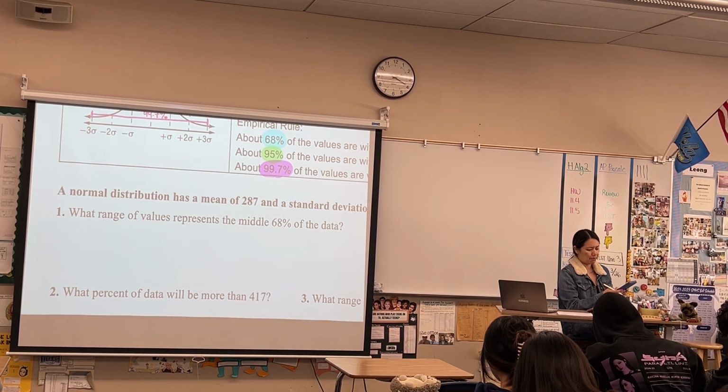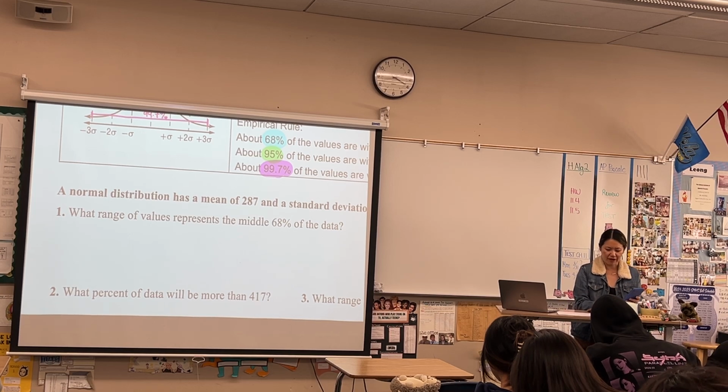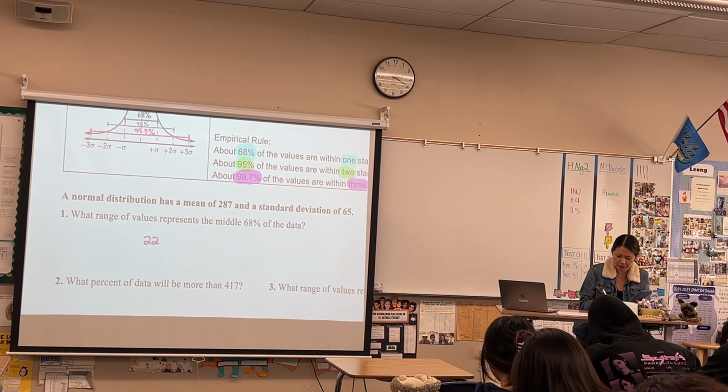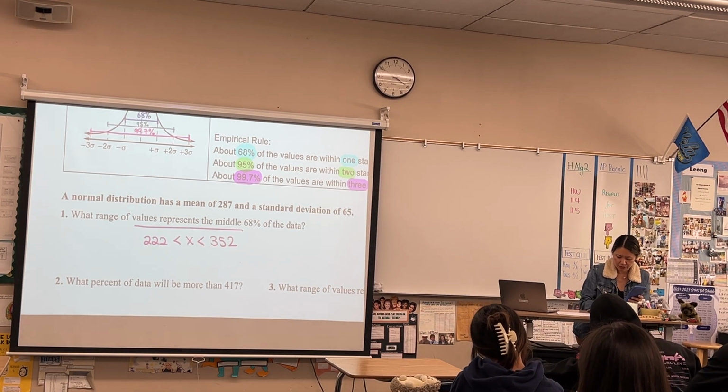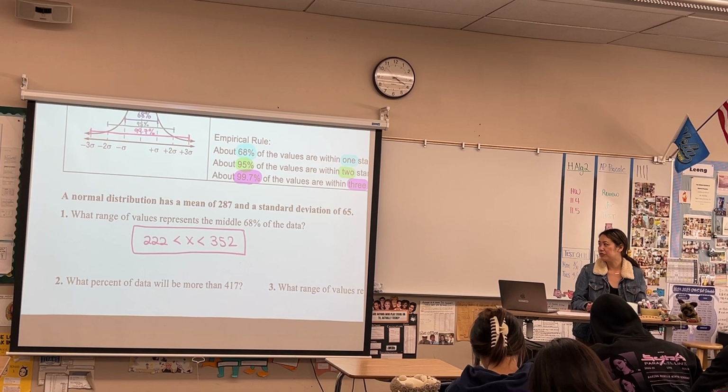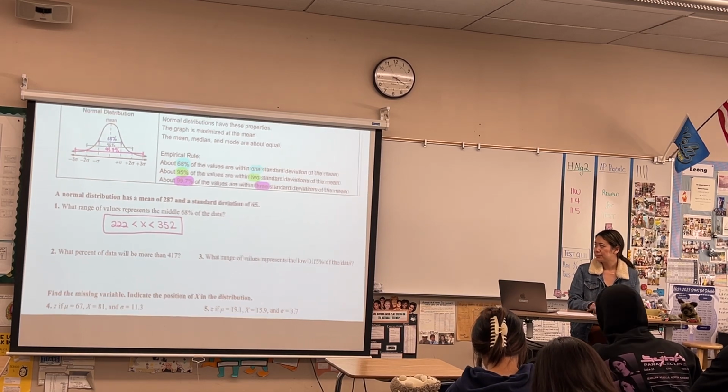287 minus 65 is 222, and 287 plus 65 is 352.